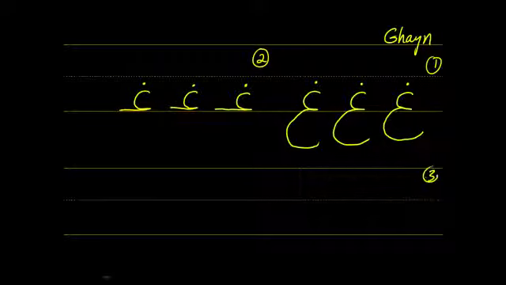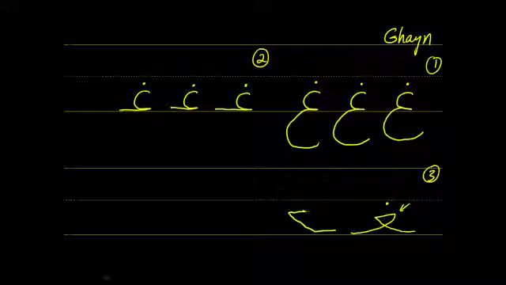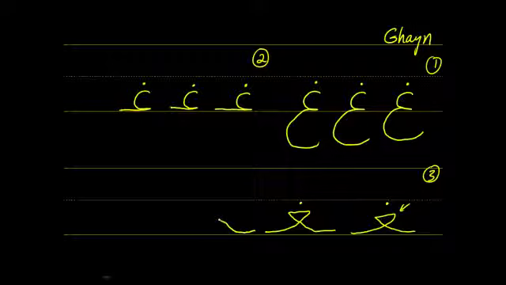Now in the medial position, and again, the ghayn looks just like the ayn, but with a dot on top. And remember, we distinguish the ghayn from the fa by making the top of the ghayn flat. So we do this, because otherwise it would be hard to distinguish it from the fa.